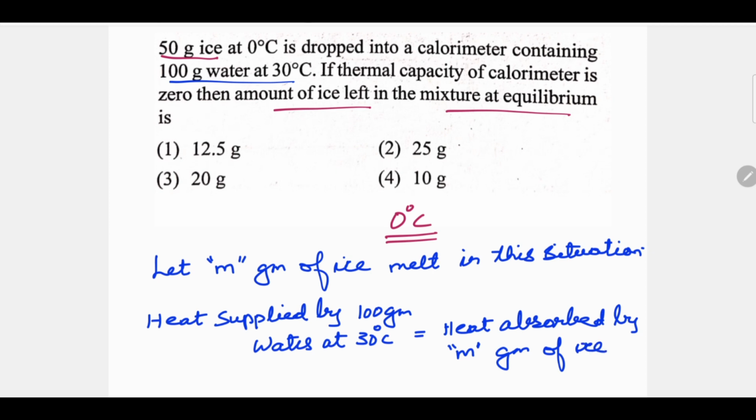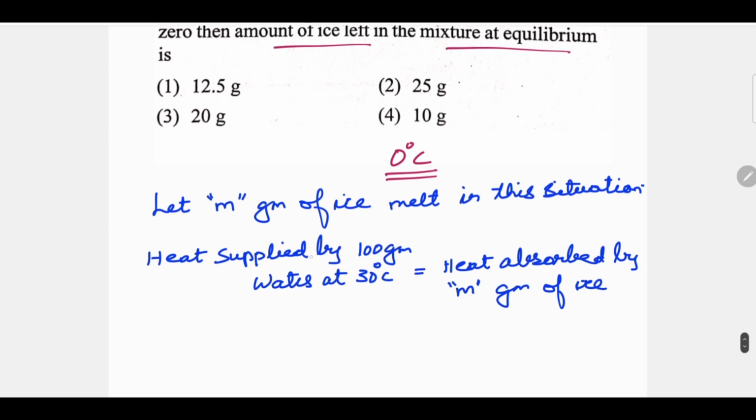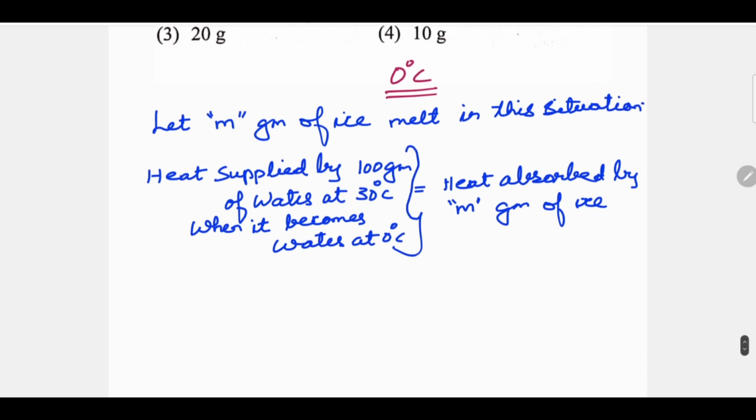Now, heat supplied by 100 gram of water when it becomes water at 0 degrees Celsius, because our equilibrium temperature is 0 degrees Celsius. So this will give you the clarity.